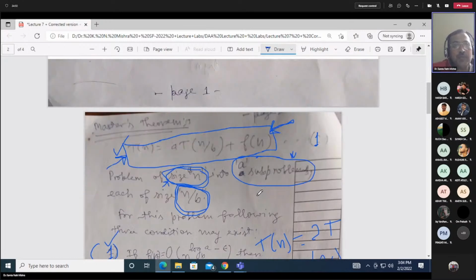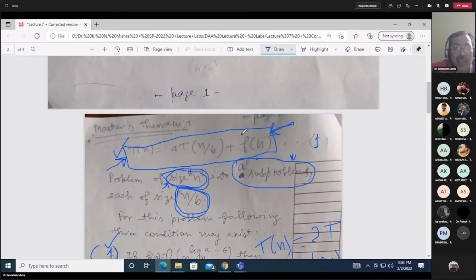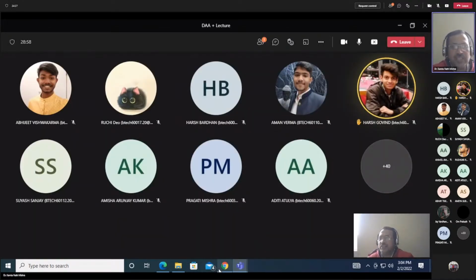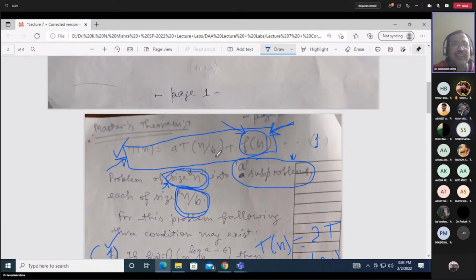And please do not forget, in each equation we are using this fn. Please remember, fn is a part of your recurrence. Fn is not the recurrence, it is a sub part of the recurrence. And what is your recurrence here? Sanjay ji, what is your recurrence?